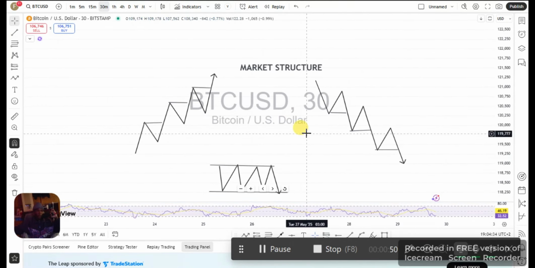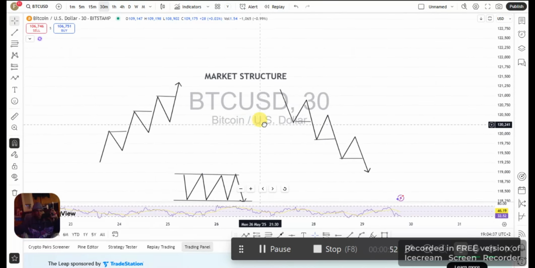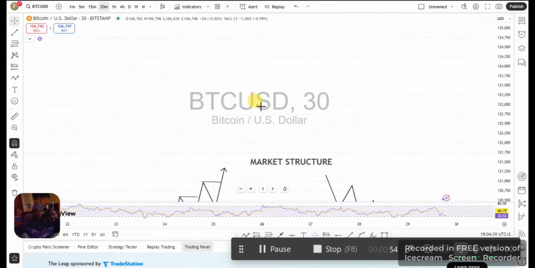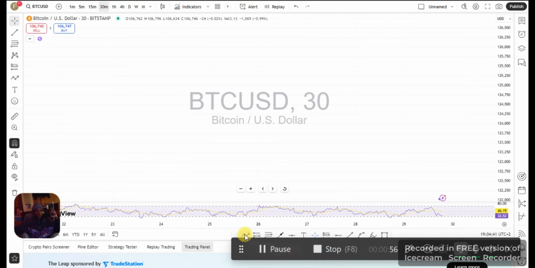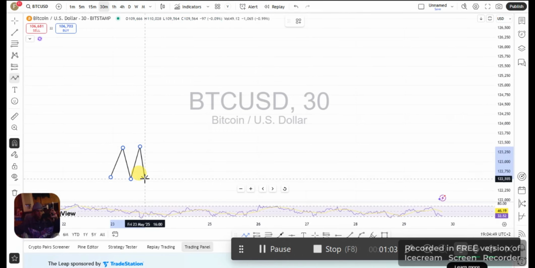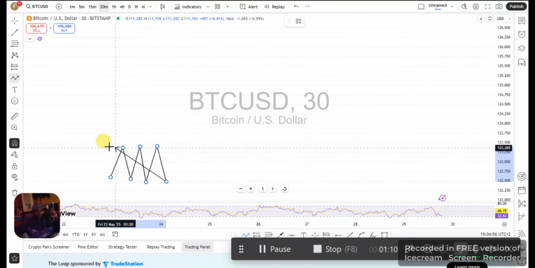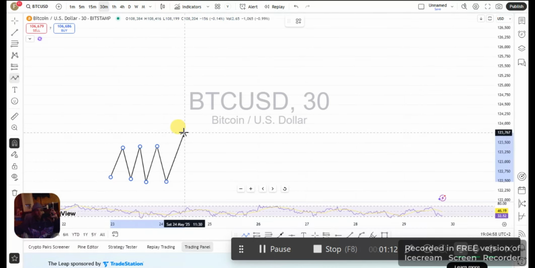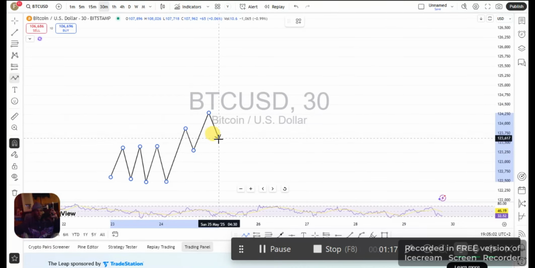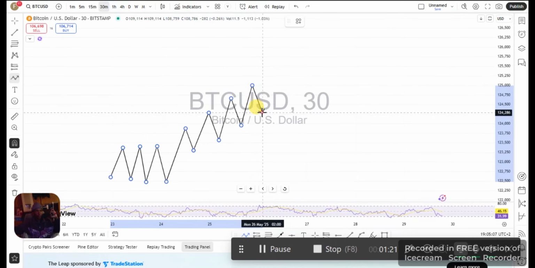So to be clear with you guys, let me just move this real quick and do this. So we are having a ranging market first, right? And then we break the resistance level, which is this one. We break it, and then we continue to the upside, creating higher highs and higher lows, right? Creating sort of this pattern.